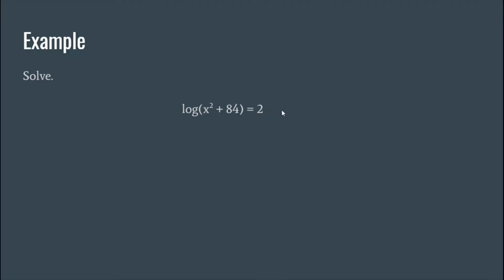Okay, so I can rewrite this like so, into exponential form, isolate the variable, simplify the exponent, now isolate the variable, and then solve for x. Okay, so just remember that when you're solving any equation with the degree of 2, you have two answers. One will be positive, one will be negative. Don't forget that.